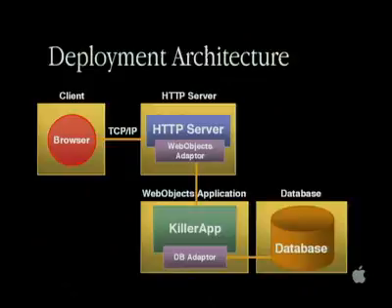And this piece of code is called the WebObjects adapter. It's not really purple. And it will go ahead and figure out that the request is going to a specific WebObjects instance and send it on to your killer application. Your application will create the dynamic response using your database and then return it back to the client.